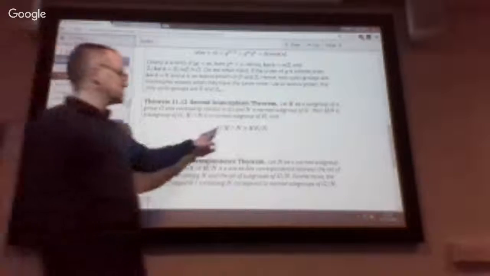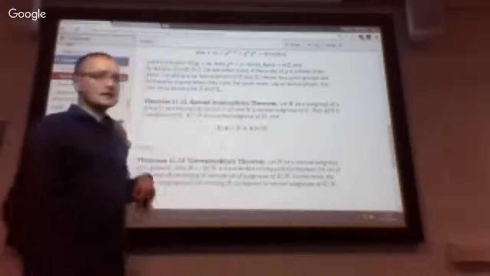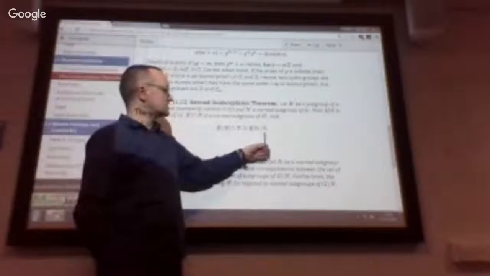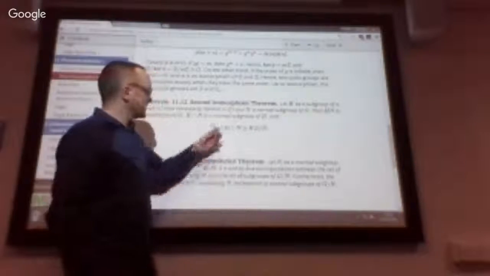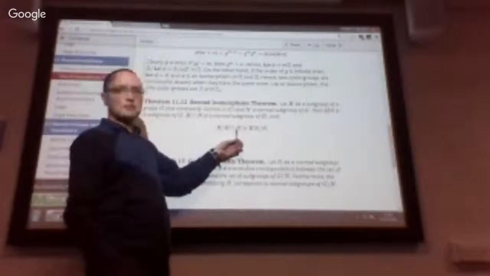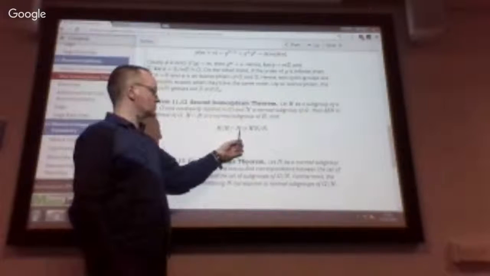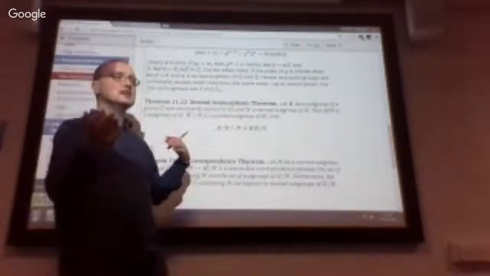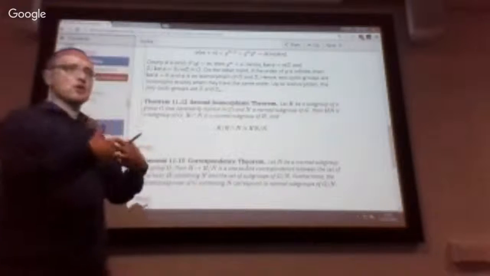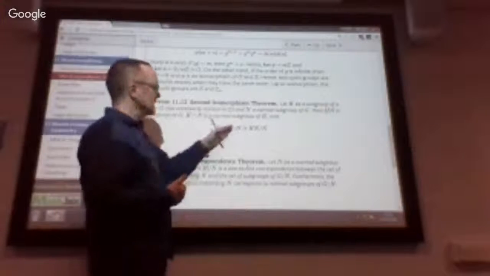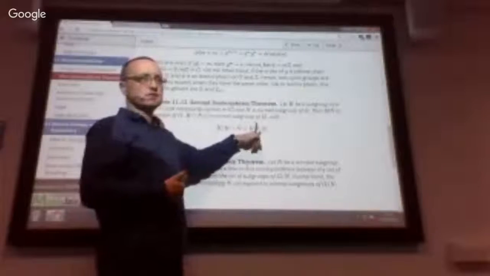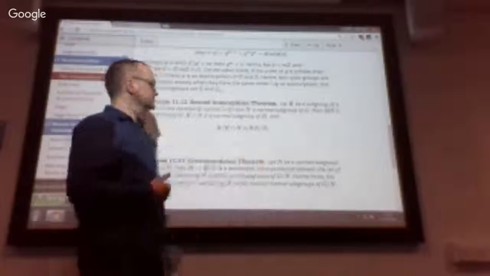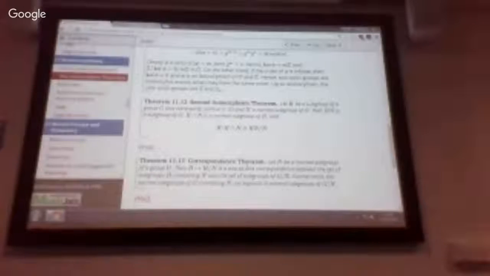Now, it's not saying that the two groups are the same, because in general, they might be different, because the elements here are cosets of capital N, whereas here there'll be cosets of H intersection capital N. And in general, that's going to be a smaller subgroup. You know, if H doesn't contain all of N, then H intersection N will be some smaller part of N. Okay? So the elements here will be quite different to the elements over here, cosets of a different set on both sides.